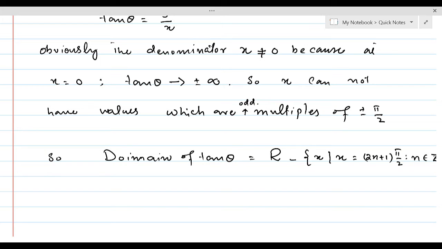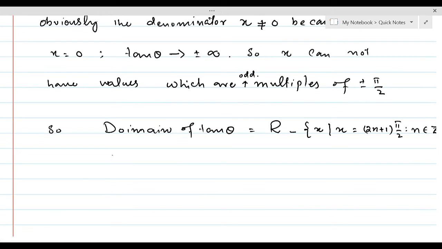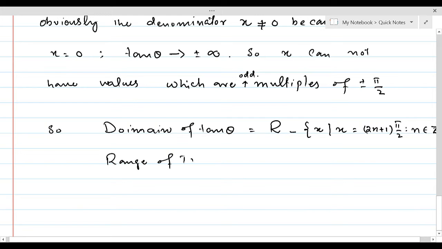That's why this is the domain, and the range of tan theta will be equal to minus infinity to plus infinity, because its values can be anything between minus infinity and plus infinity.